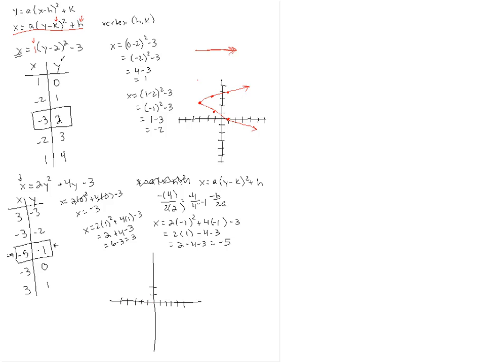All right, it's a parabola going either to the right or to the left. Let's get the vertex at negative 5, negative 1. And look at the problem. What was A? A was positive 2. So if it's positive, it's going this way. So all our points need to be on that side or we've done something wrong. Well, we have 3, negative 3.